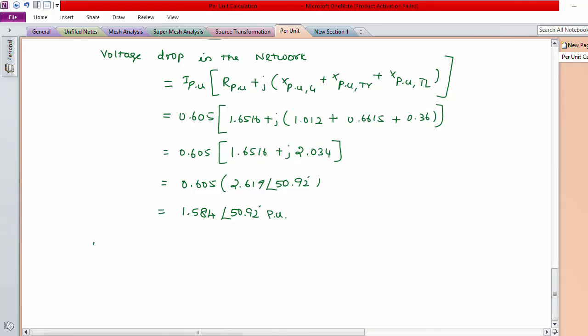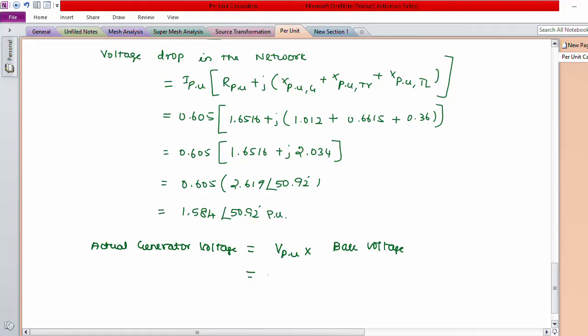From this they are asking us the actual generator voltage. So the actual generator voltage equals V per unit into base voltage. The base voltage on the generator we have determined as 9.523 kilovolt, so we have to multiply it with the magnitude of the voltage.